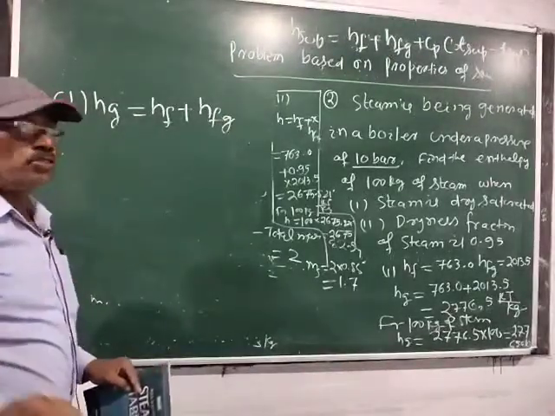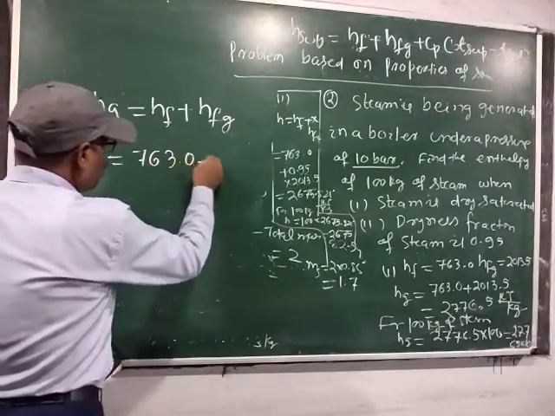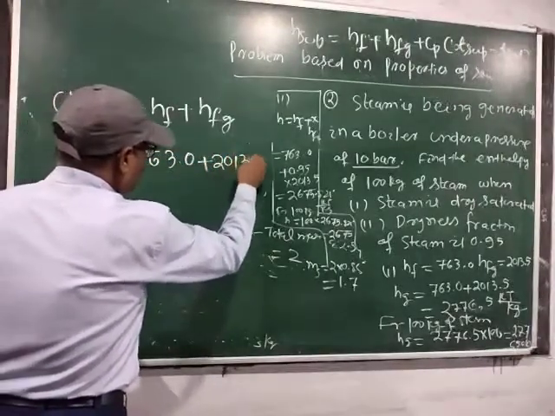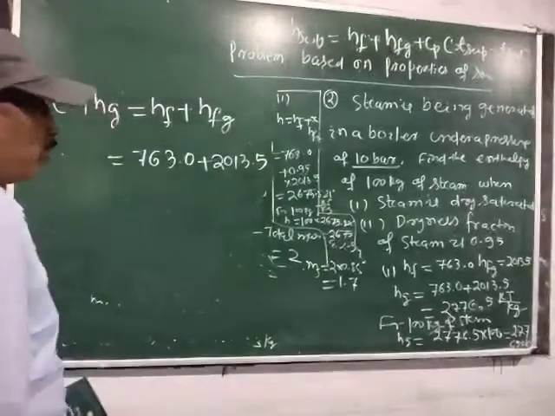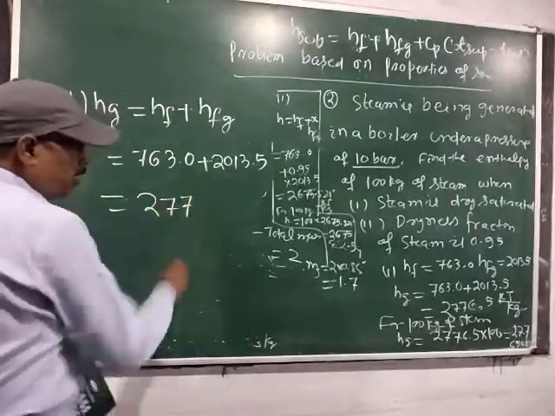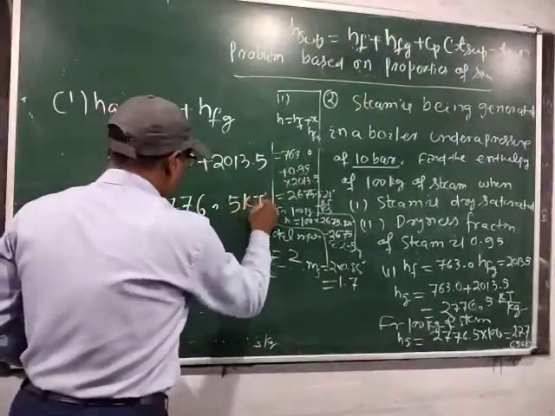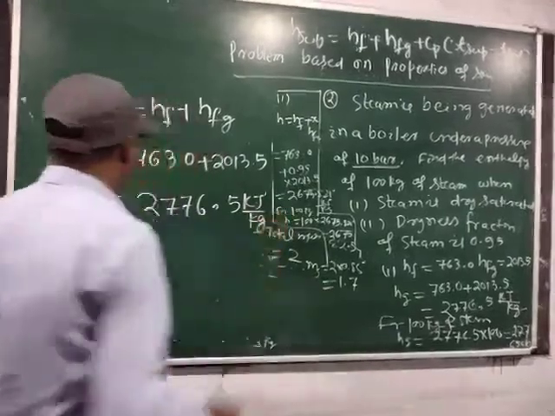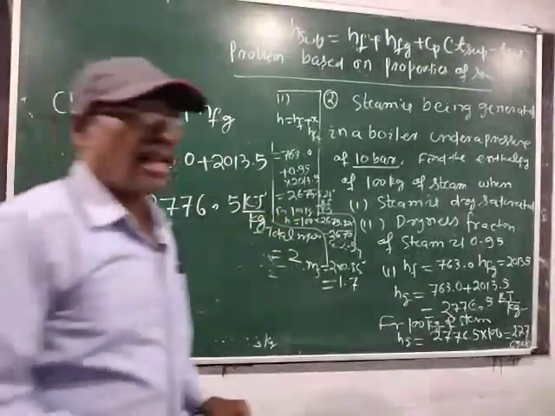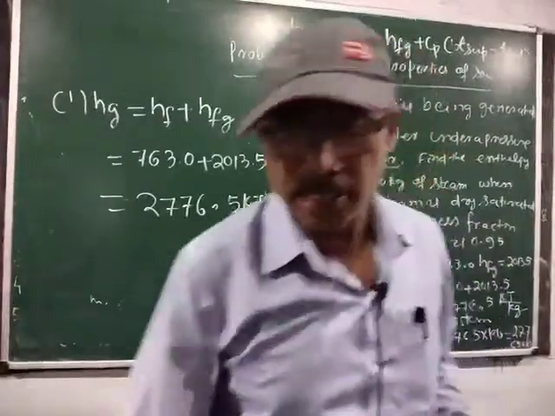Putting all the values, we have 763.0 plus 2013.5 is equal to 2776.5 kilojoule per kg. This is total heat for dry saturated steam for 1 kg of steam.